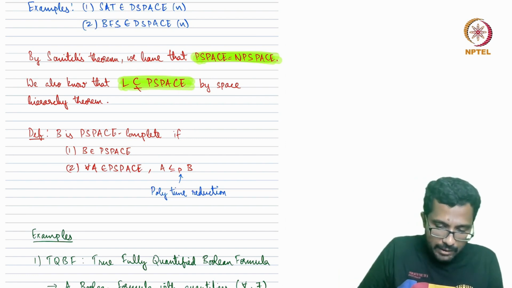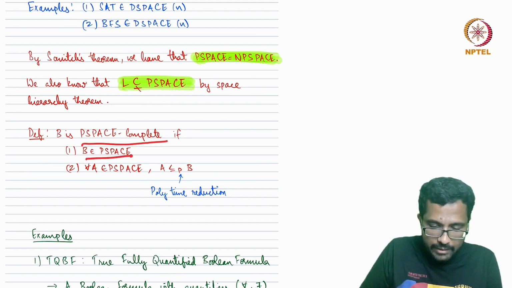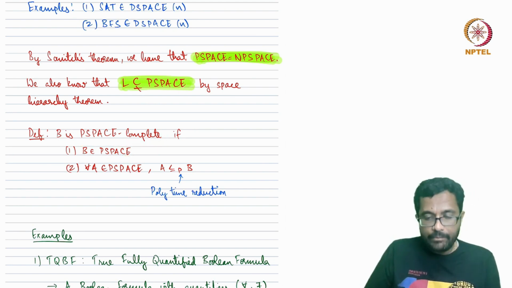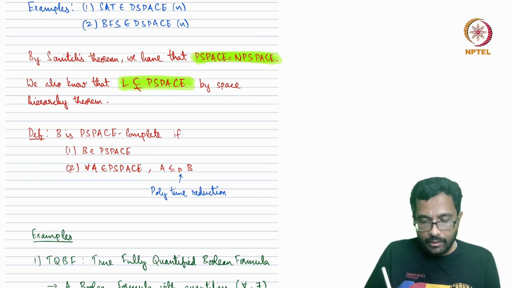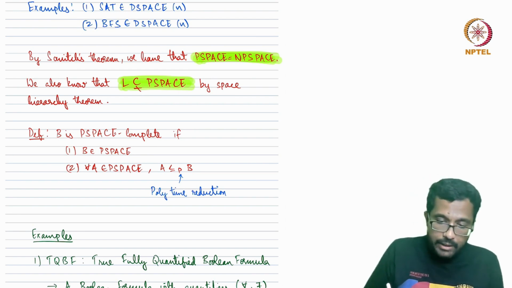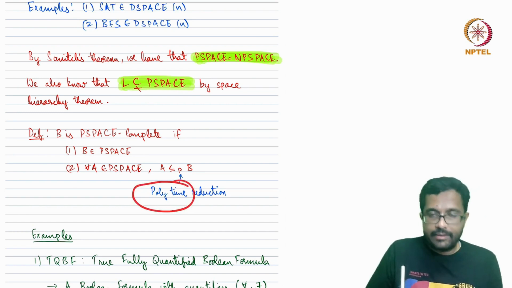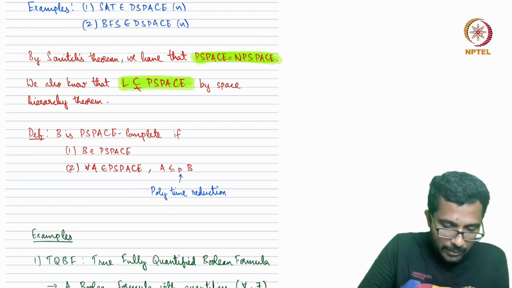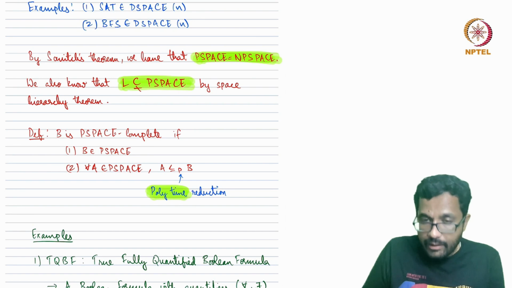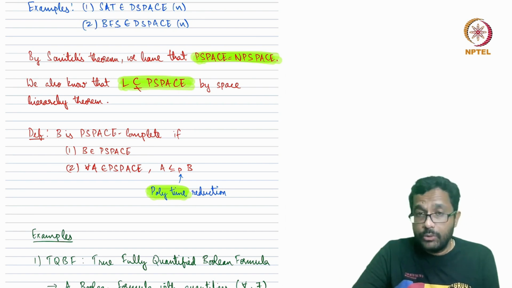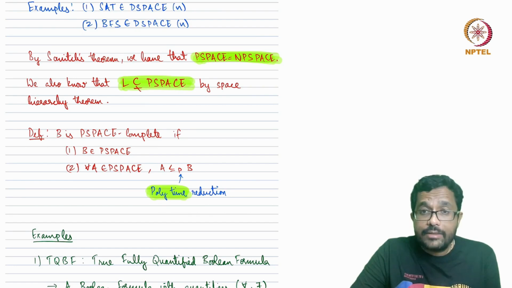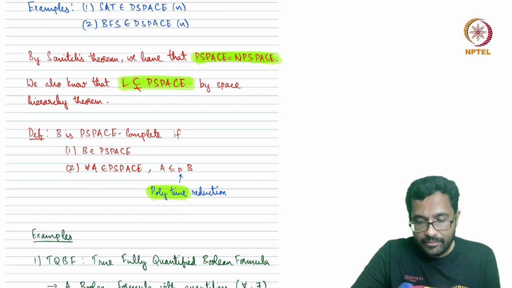B is PSPACE-complete if B is in PSPACE and all the languages in PSPACE are reducible to B. And in PSPACE completeness we use polynomial time reduction, which is something you have to keep in mind. In NP completeness we use polynomial time reduction. In NL completeness we use log space reduction.